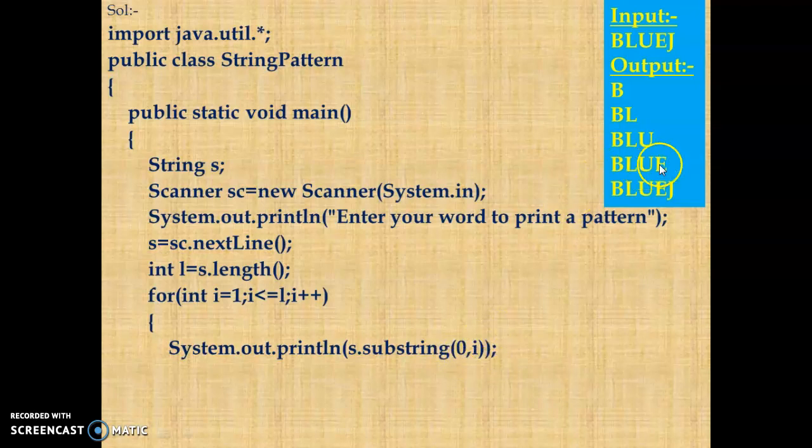Then last time 5 means not including 5: 0, 1, 2, 3, 4. And here the program ends, because when I is 6, 6 is not less than or equal to 5. So the program terminates here. So you end your for loop, end your main, and end your class.